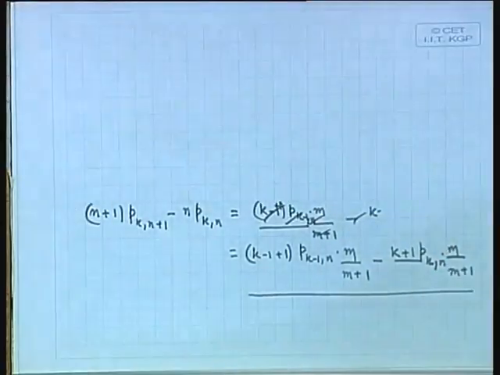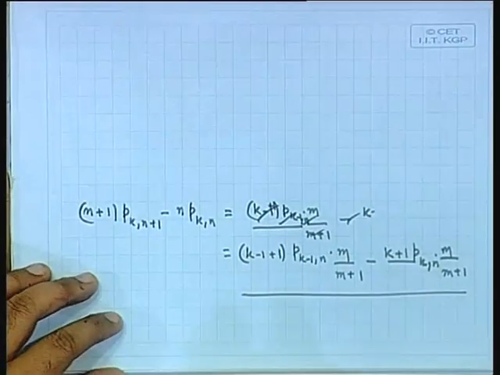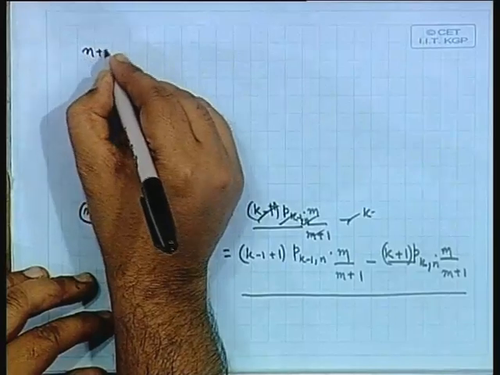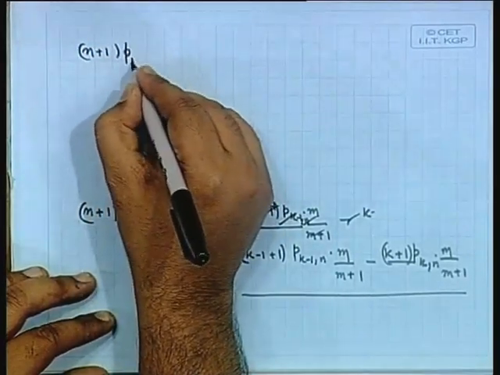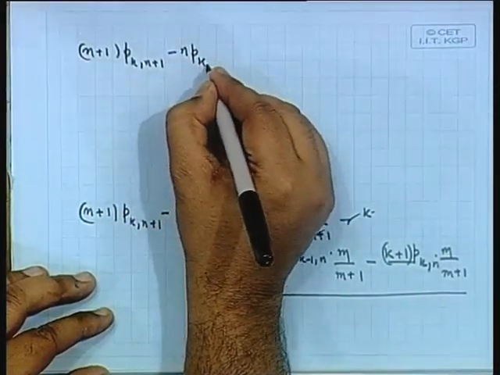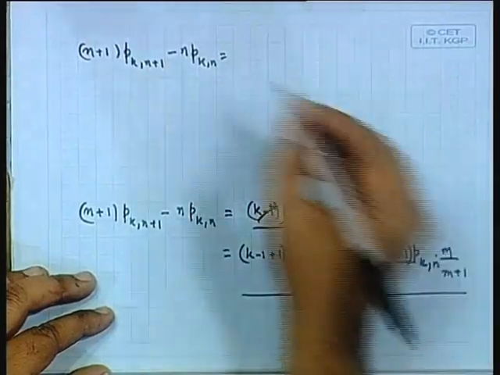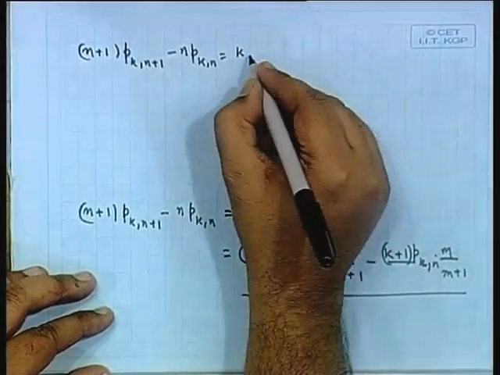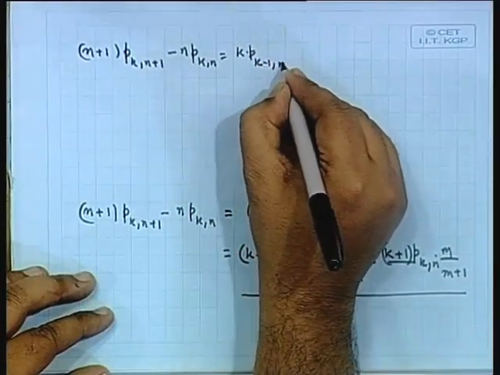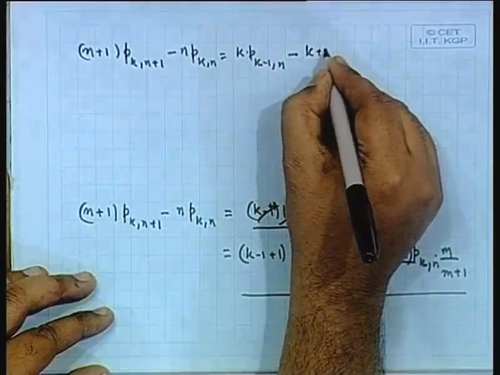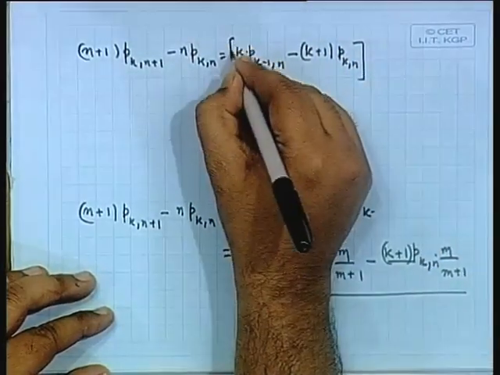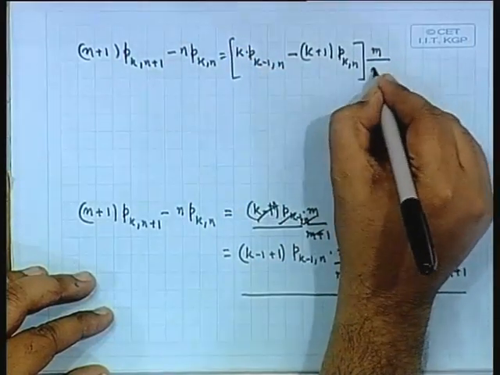So, this can be k, p_{k-1,n} minus k plus 1, p_{k,n}, m into m plus 1.